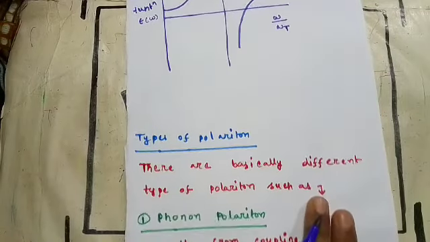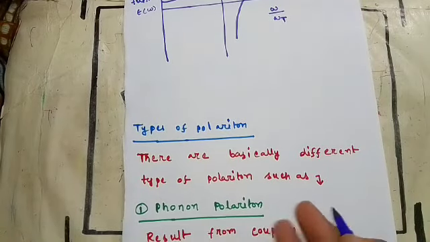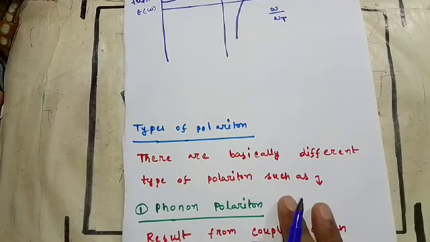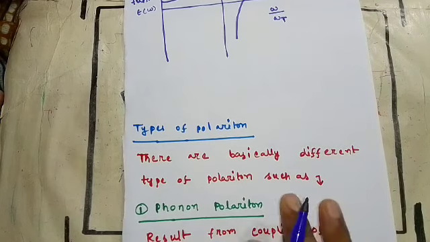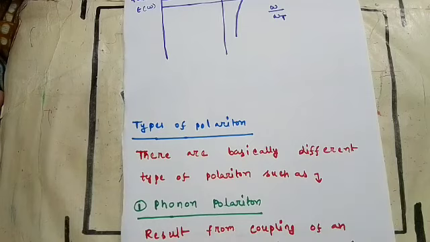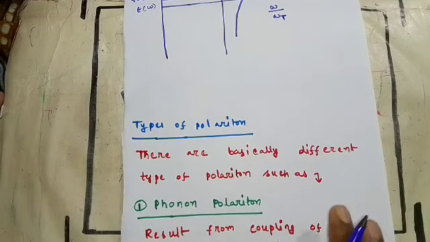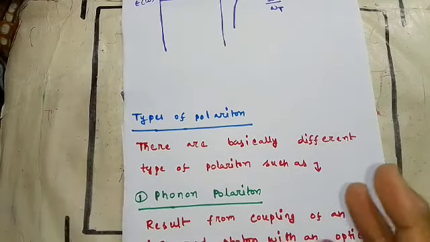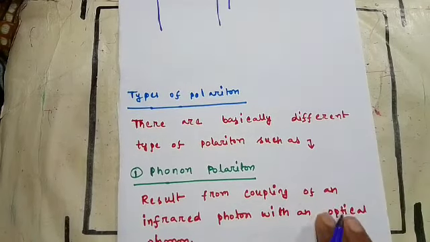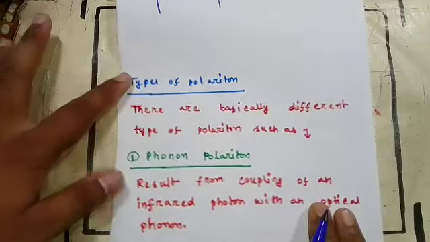Okay, so the next topic is types of polariton. So what are the types of polariton? There are actually several types of polariton. Here I have described some of the most important and most common types. The first type is phonon polariton.